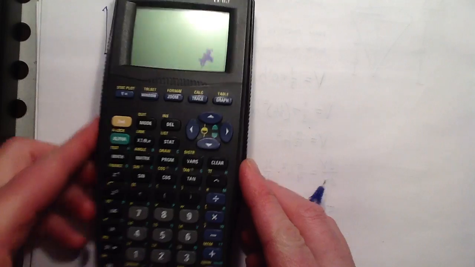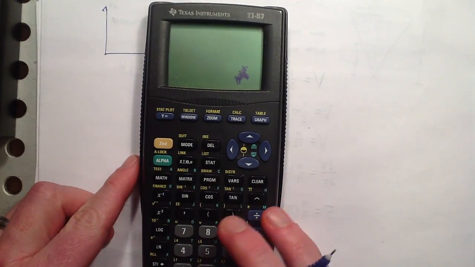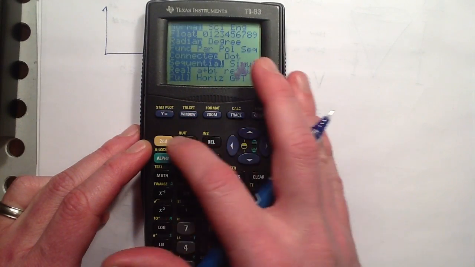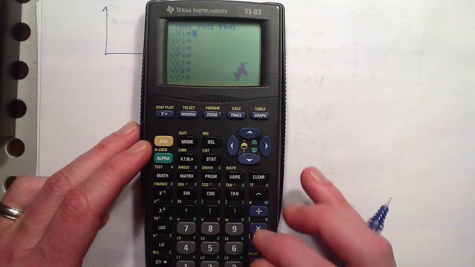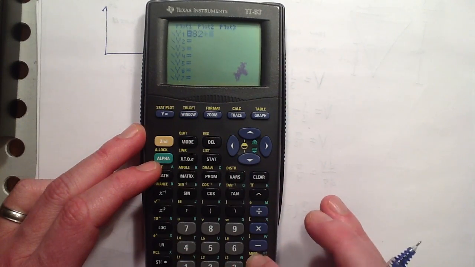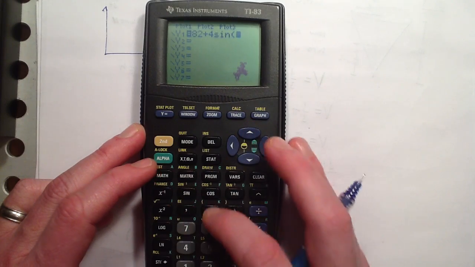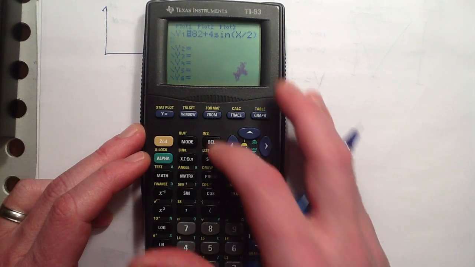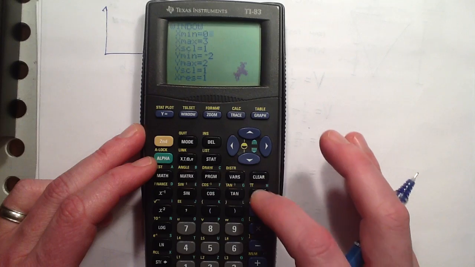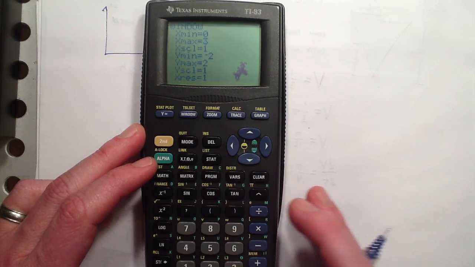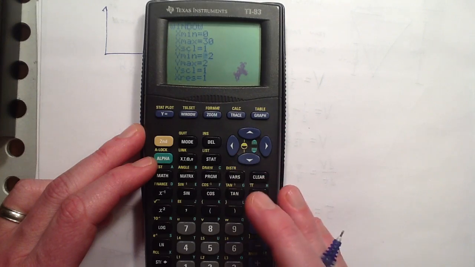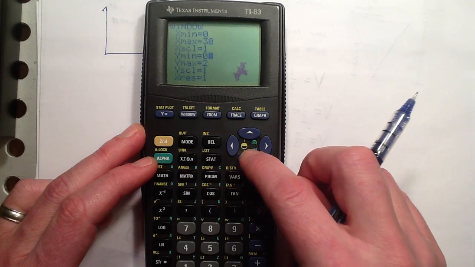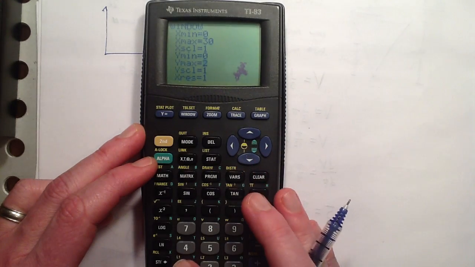Make sure I'm in radian mode. I am. So we have 82 plus 4 sine of x over 2, and I want to look from x values 0 to 30, and I'm certainly not expecting any negative rates here, so I'm going to set that to 0, and let's make the top about 100.